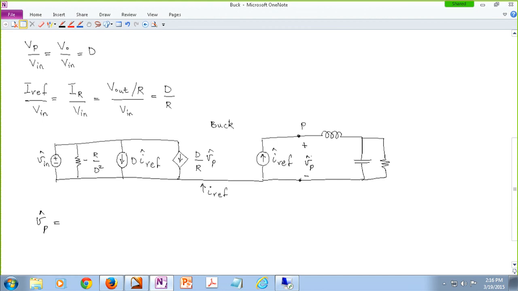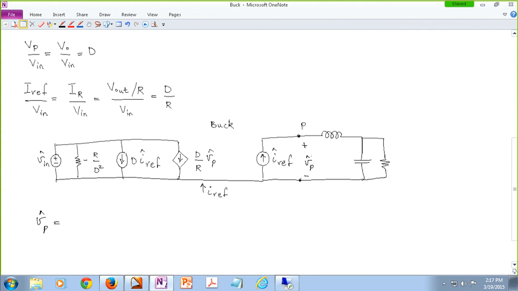Assuming that we are working in the frequency domain instead of the time domain and using impedances, Vp is basically the impedance that I see on the right-hand side of my equivalent circuit model, which is an L placed in series with the capacitor that is in parallel with the resistor.